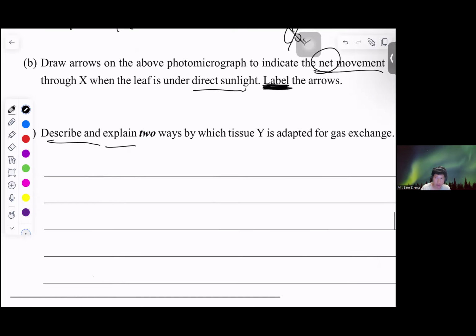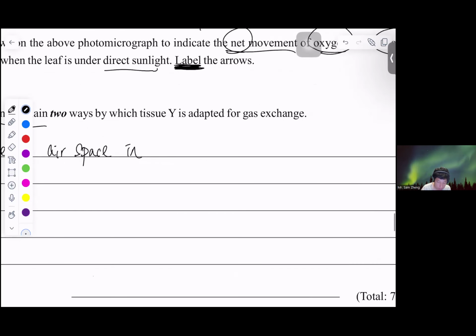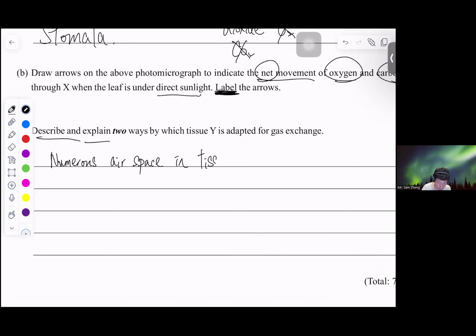Now, you mentioned that there is numerous airspace in tissue one.